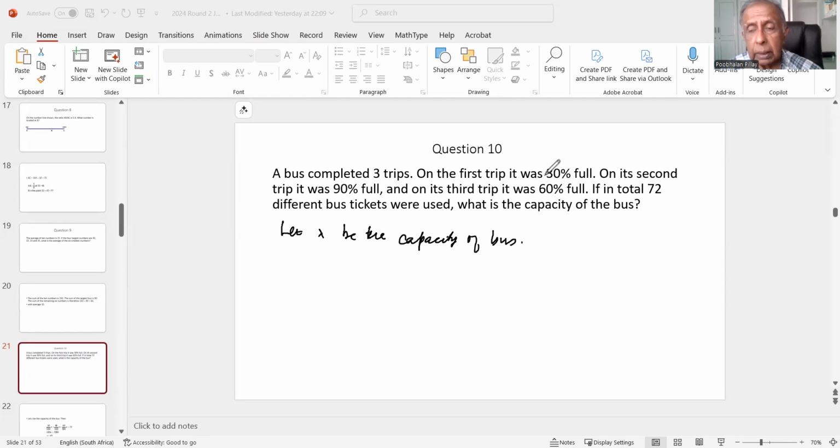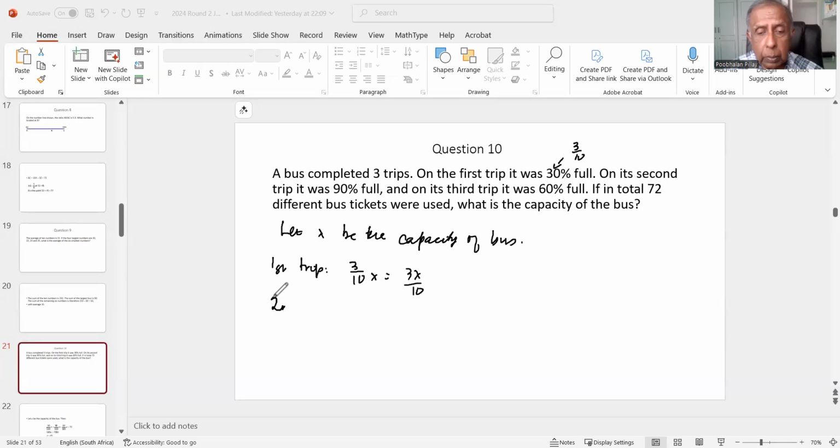So in other words, 30% is 3/10. So that means the number of people on the first trip will be 3/10 times X, 30% of X. I'm going to write this as 3x/10.